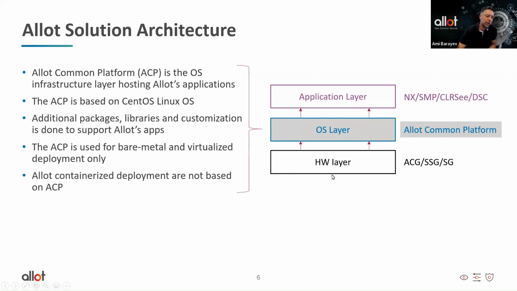Allot's solution is based on the bare metal platforms and the virtualized edition that can be deployed over any hypervisor, but we also have an additional deployment model using the containerized edition using Kubernetes, and the ACP is not part of that solution. So I wanted to emphasize the ACP because you will see that the security service pack is going to mitigate vulnerabilities in the ACP layer or the OS layer.